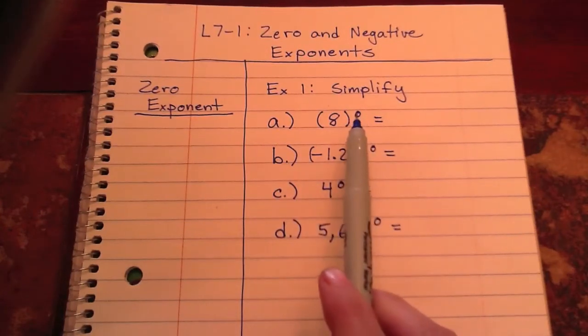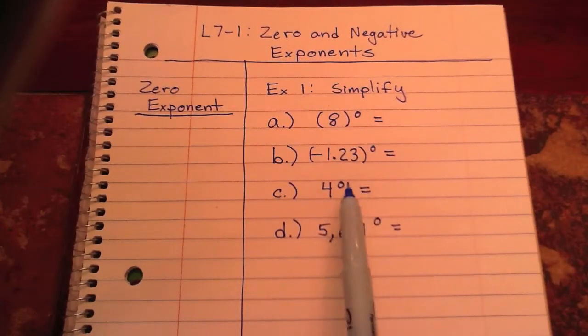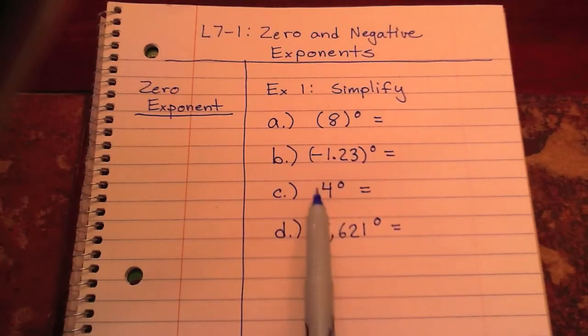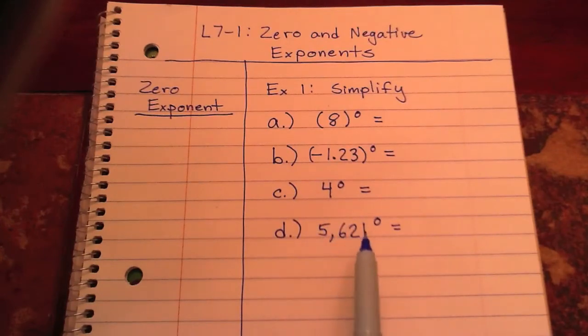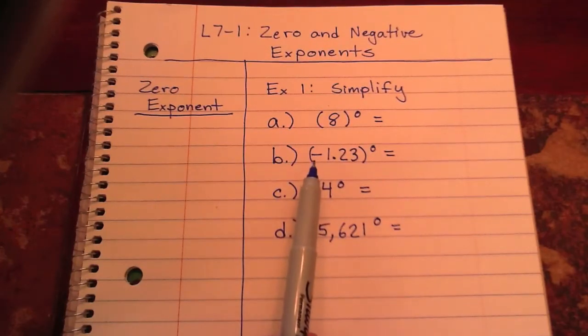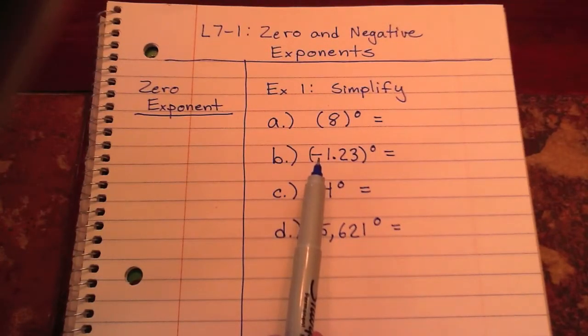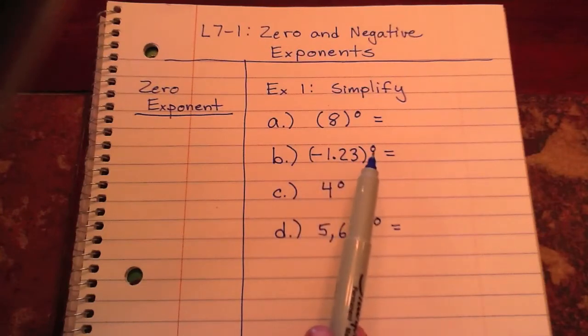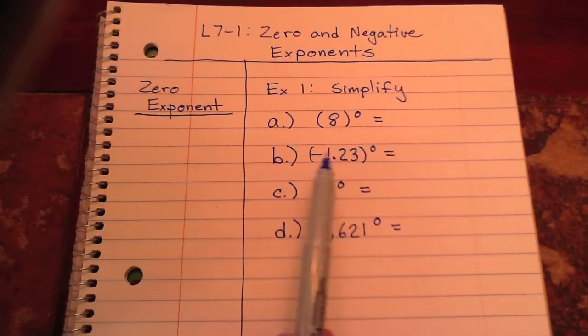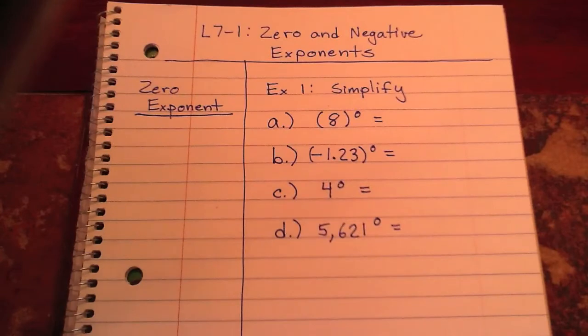Anything at all that's raised to the zero power, notice sometimes I have parentheses here, sometimes I don't. Typically you'll see parentheses around it unless it's something like that. This number right here probably would have parentheses around it, but in this case these mean exactly the same thing. Notice this one set of parentheses that has the negative. That would apply to the exponent also in this case, which with zero power it really doesn't matter, but with other powers it does.